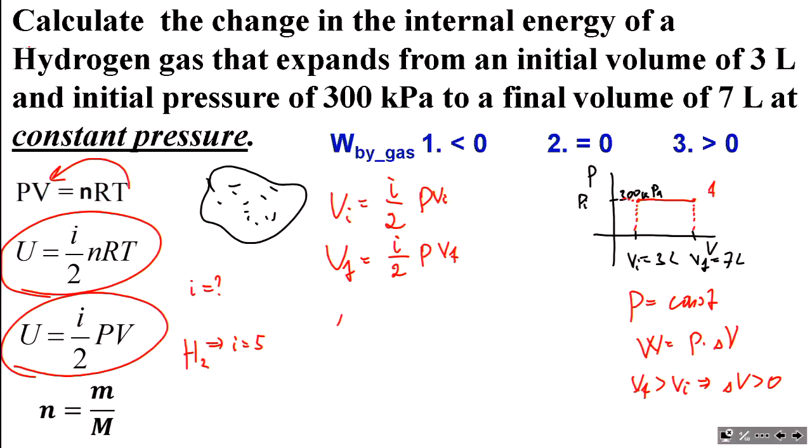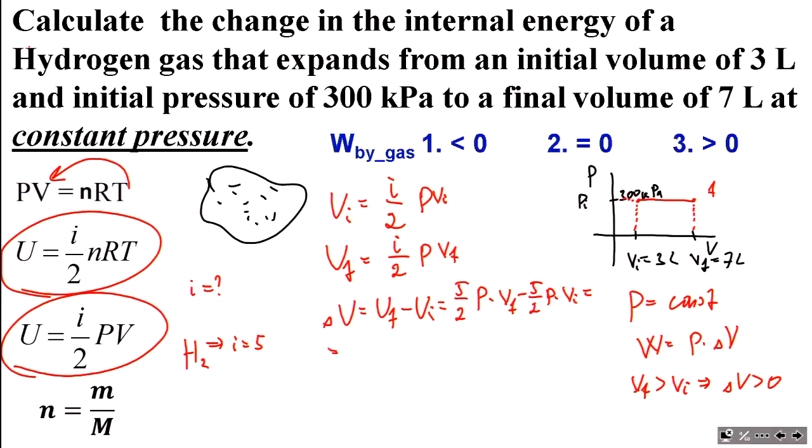And if we want to calculate the change, we have to subtract two numbers, final minus initial. And that's going to be 5/2 pressure, and I don't use any subscript for the pressure because it's the same, times final volume minus 5/2 pressure times the initial volume.